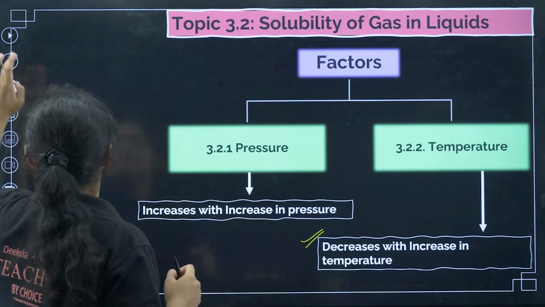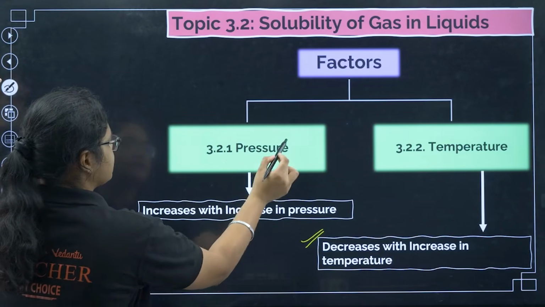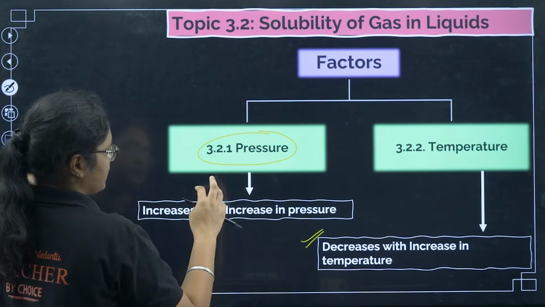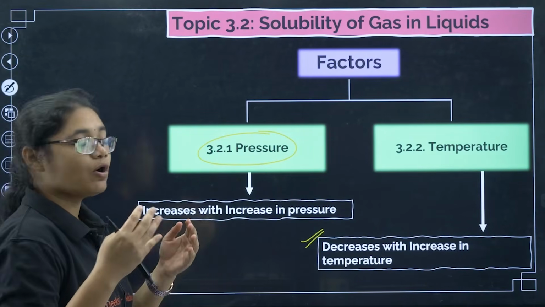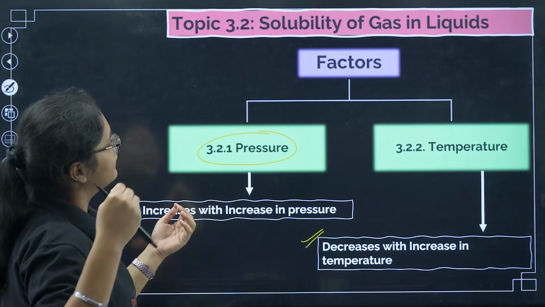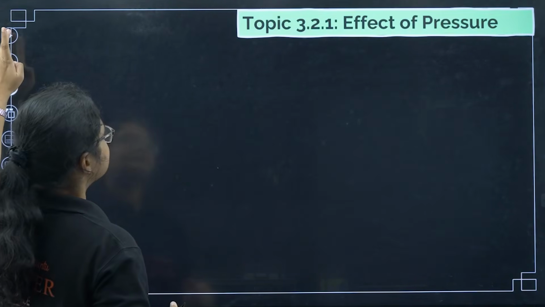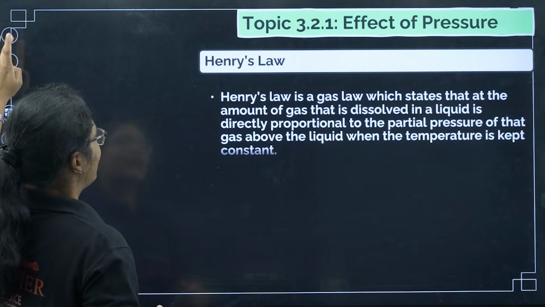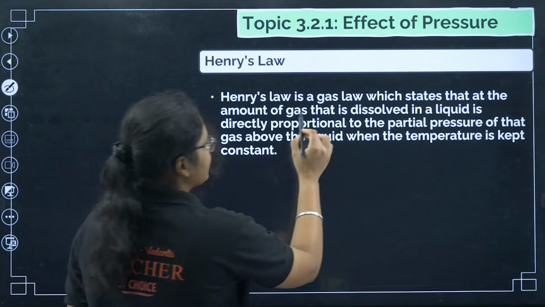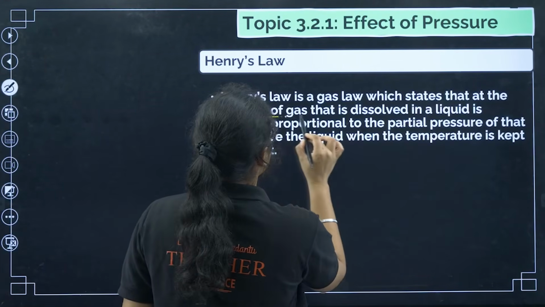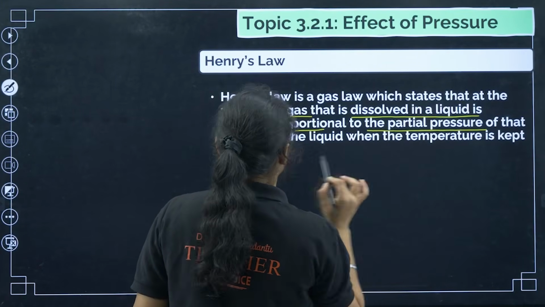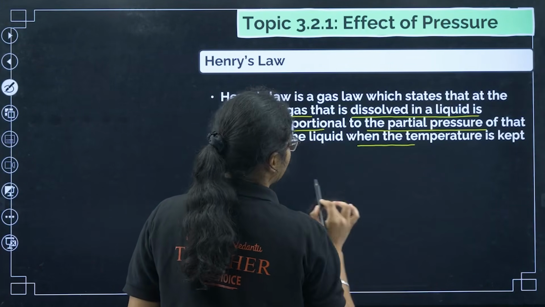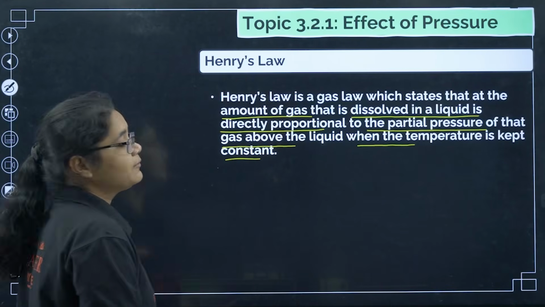To explain the effect of pressure on the solubility of gas in liquid, there is a law, that is Henry's law. Henry's law is a gas law which states that the amount of gas that is dissolved in a liquid is directly proportional to the partial pressure of the gas above the liquid when the temperature is kept constant.